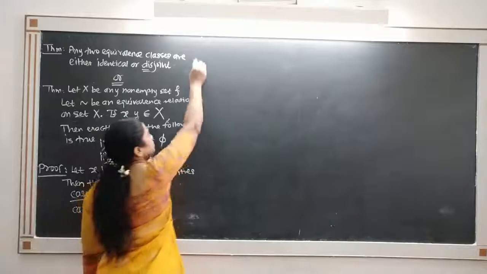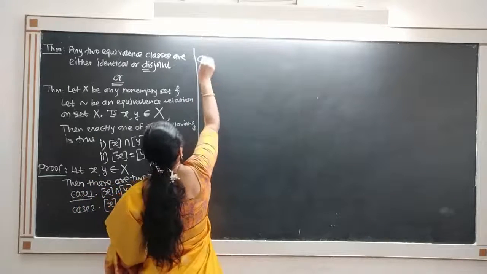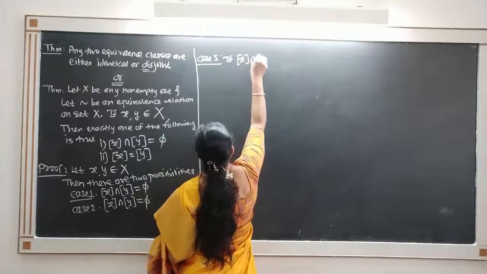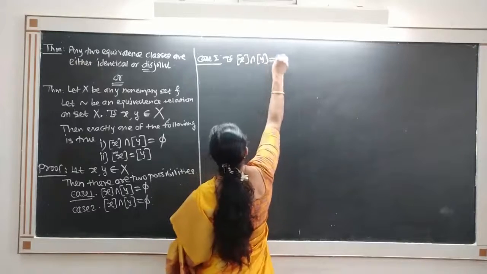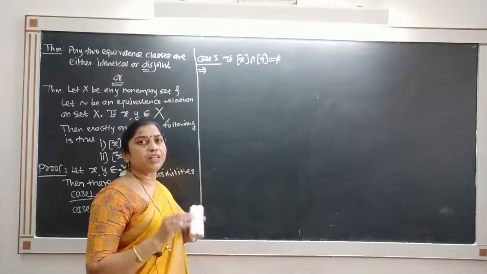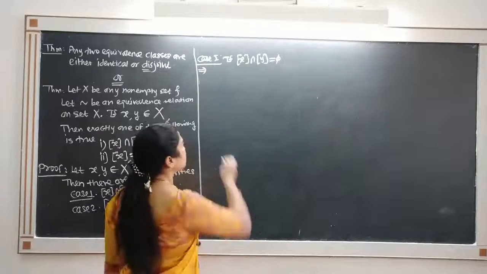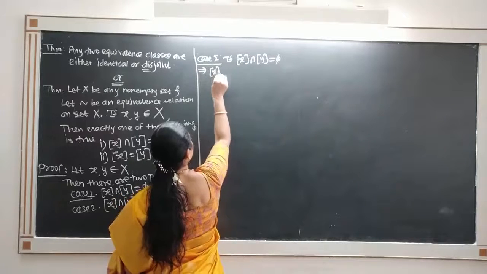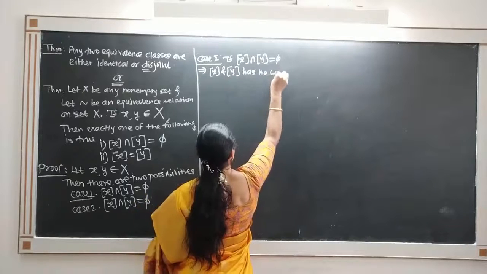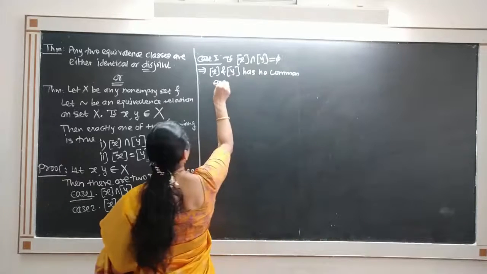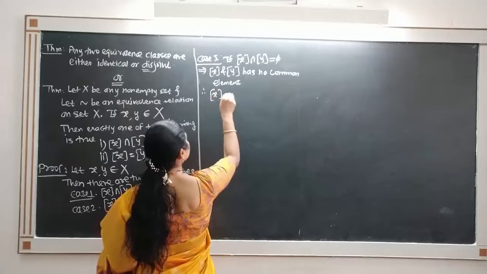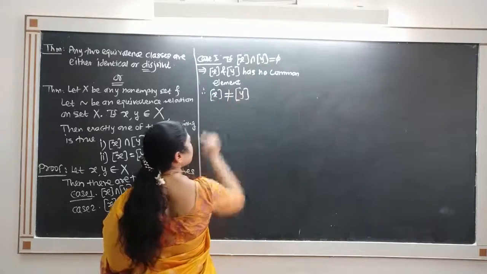Now consider the first case. If the equivalence class of x intersection the equivalence class of y is empty, this implies that, because the intersection is empty, there is no common element in both the sets. And if they have no common element, they cannot be equal, and therefore the equivalence class of x is surely not equal to the equivalence class of y.